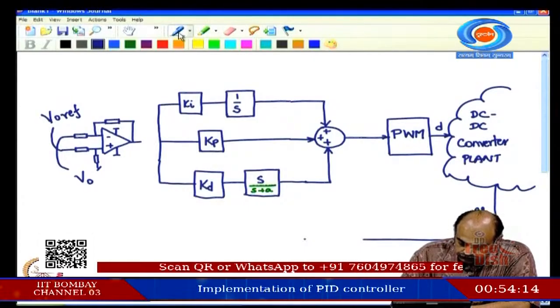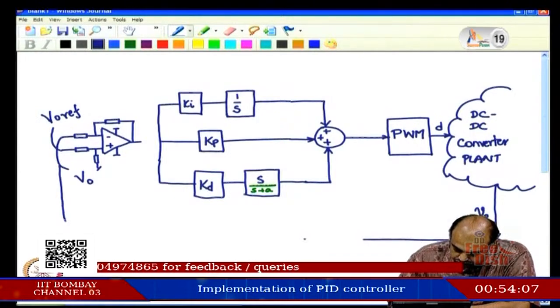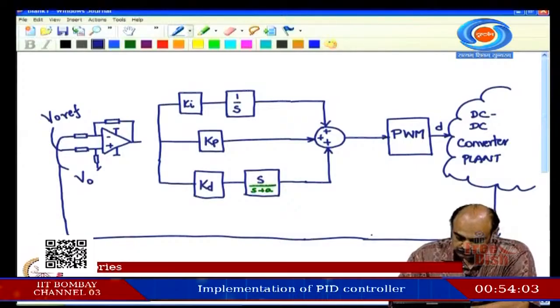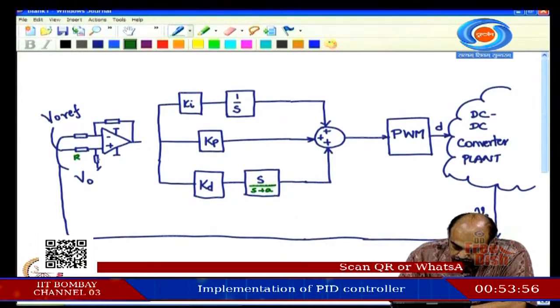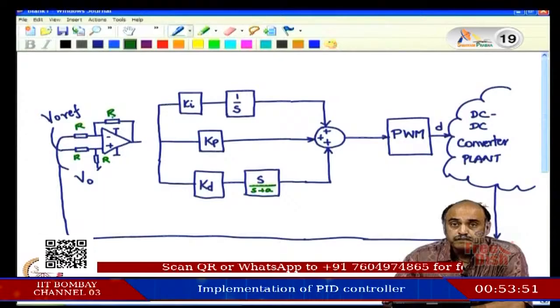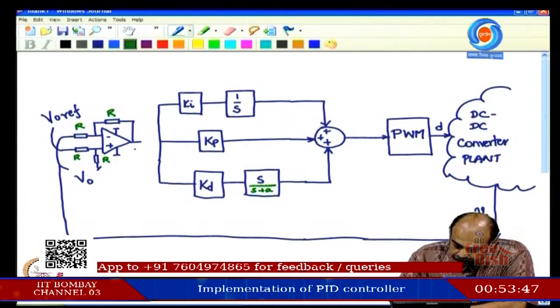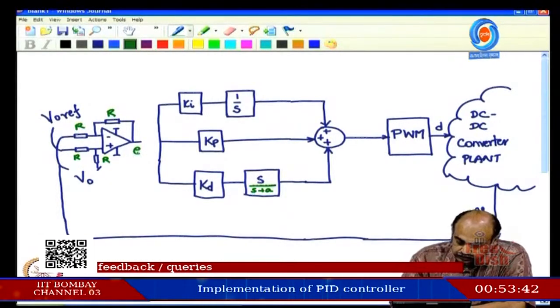So, what we shall do is connect it in this fashion. Now, all these resistances, for now, let us maintain them as the same values. So, you will get an error E, which is nothing but V naught ref minus V naught.